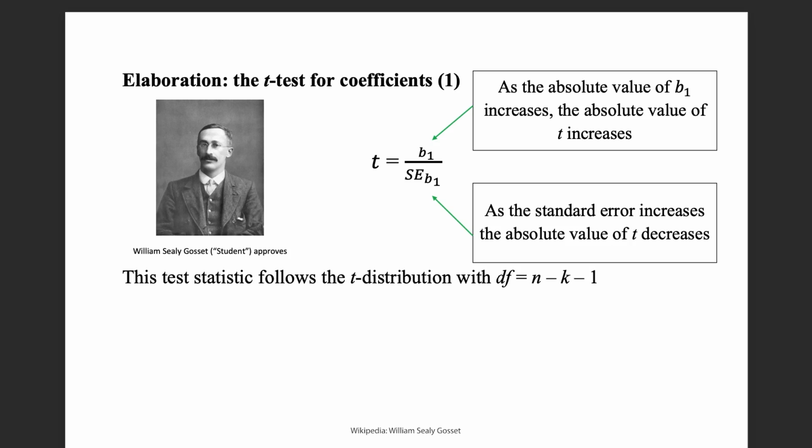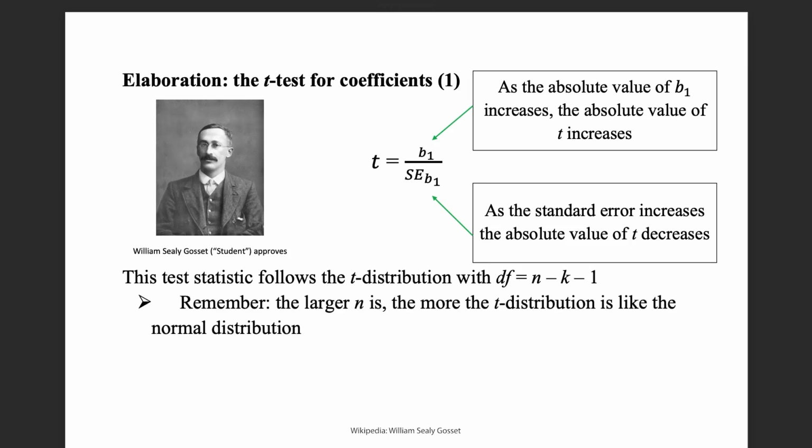You don't need to worry on a fundamental level about what degrees of freedom exactly means, but just know that we have different t-distributions depending on what the degrees of freedom are. So the degrees of freedom defines what t-distribution exactly we need to look at if we want to do this test for our data.